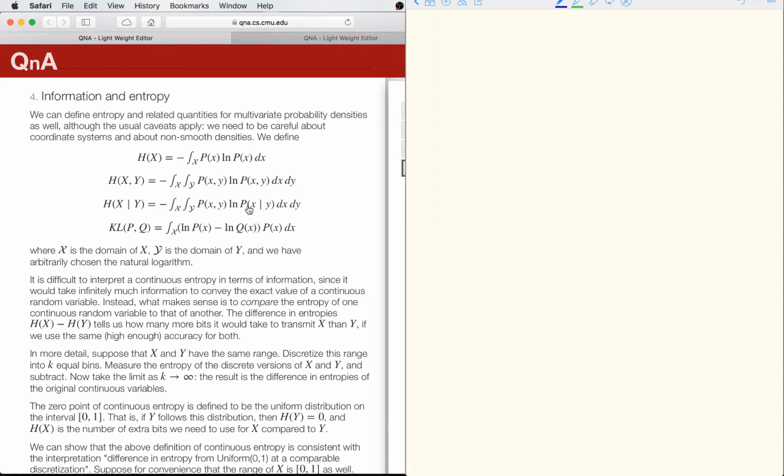So that's what this is equivalent to. The derivation of that was back when we talked about discrete entropy. And then finally, the KL divergence between two distributions is, instead of the sum of log p minus log q, you have the integral of log p minus log q according to the density p of x. So it's basically the expectation according to p of the log p minus log q.